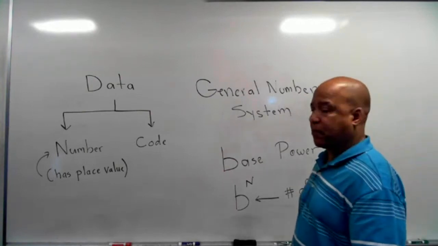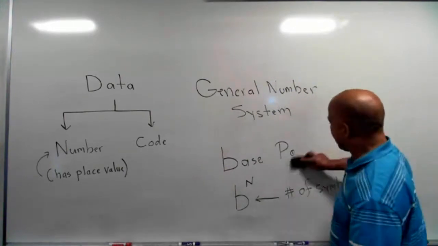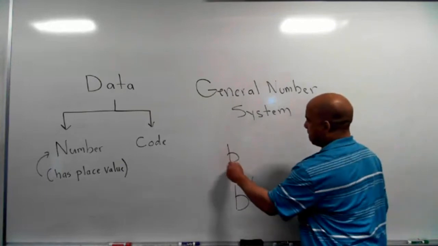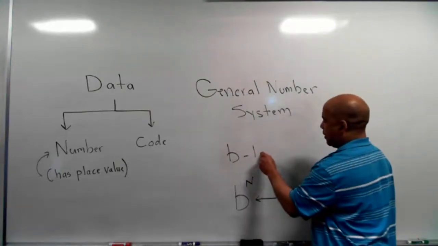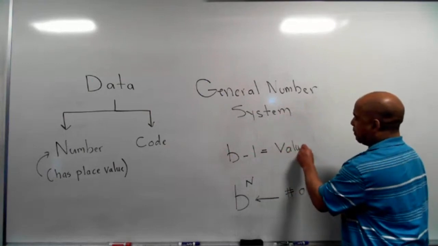So the base tells you the number of symbols in a particular number system. And if I take the base minus 1, that'll give you the value of the highest symbol.